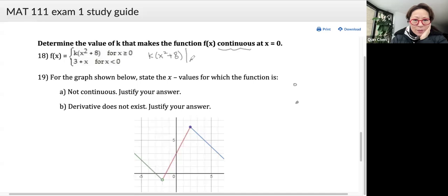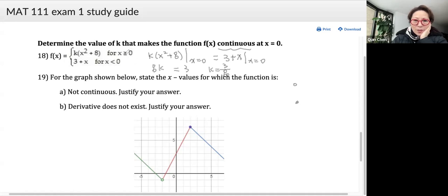When we evaluate x equals 0, it has to be 3 plus x evaluated when x equals 0. Well, when x equals 0, this one we get k times 8, which is ak. When x equals 0, this side is 3. So solve for k, just 3 divided by 8. That's it.